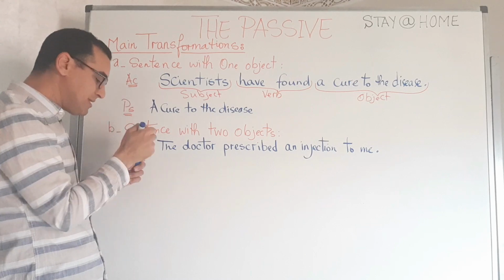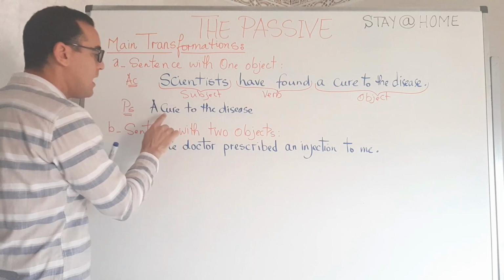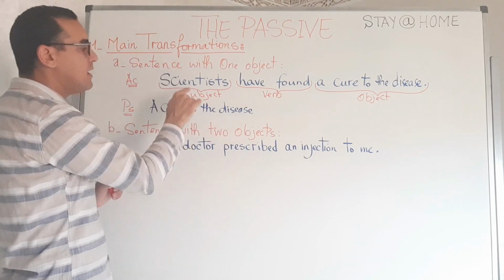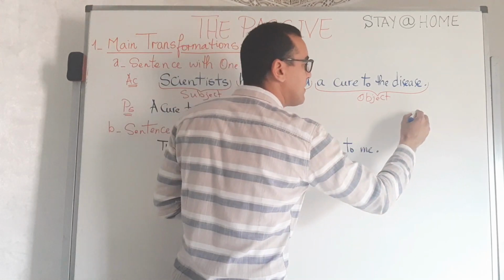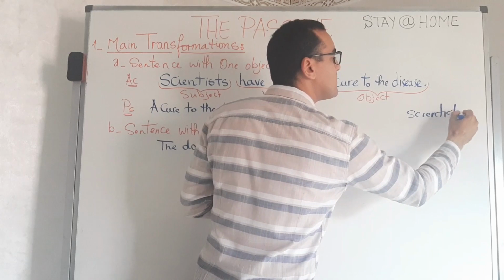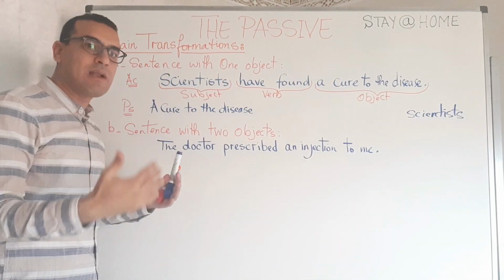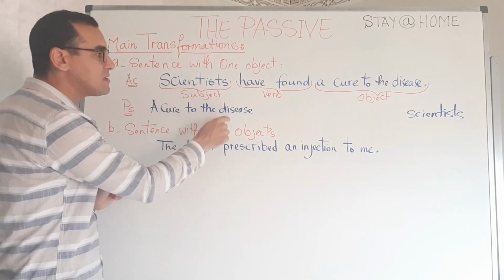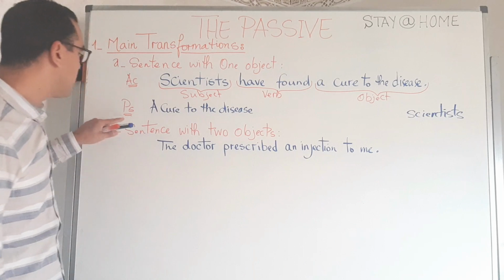It takes the subject position in the passive. We bring it here. A cure to the disease, and then we take the subject to the end, which is scientists. We're going to write it here. So I think things are getting clear to you. A cure to the disease, and here we have moved the subject to the final position of the passive.